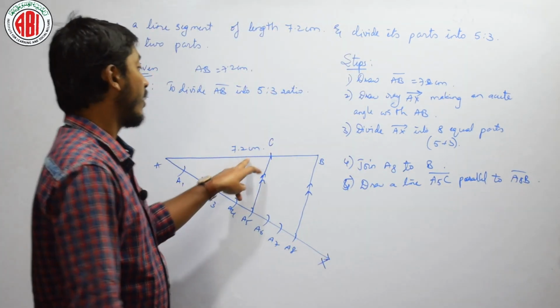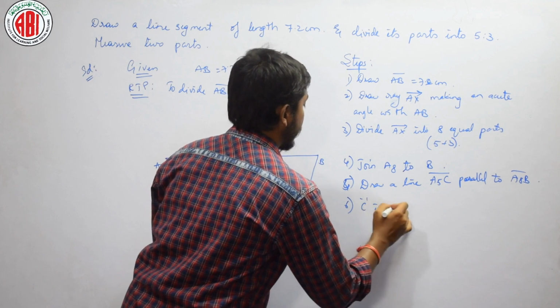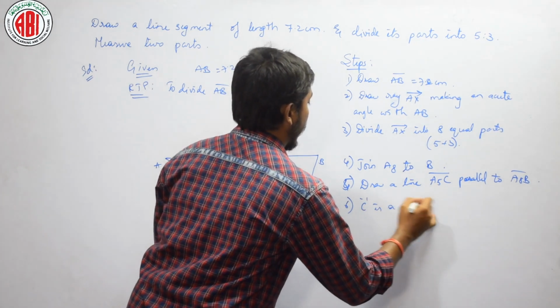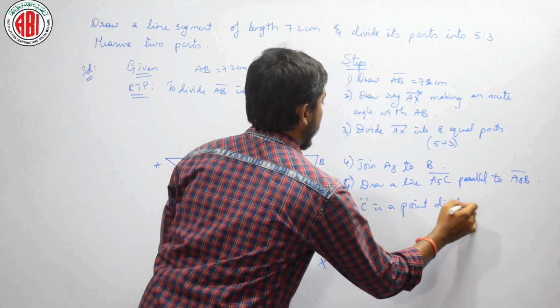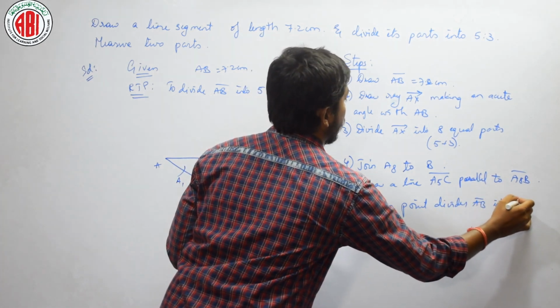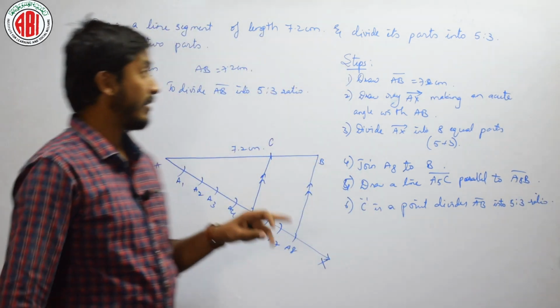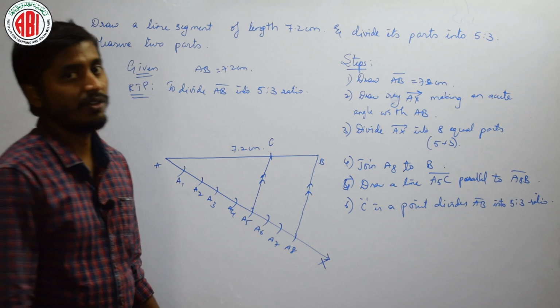Therefore, C is a point that divides AB in the ratio 5:3. Is it clear? These are the different things which you have to write.